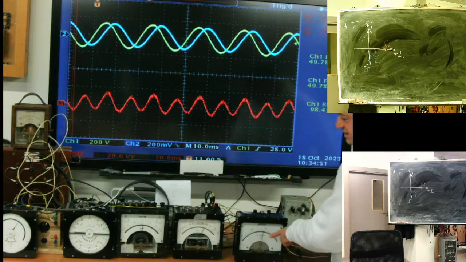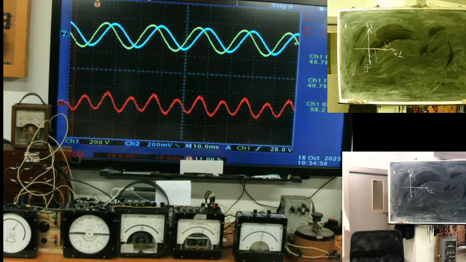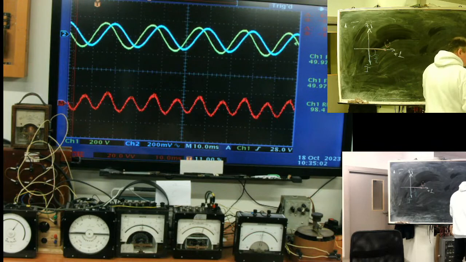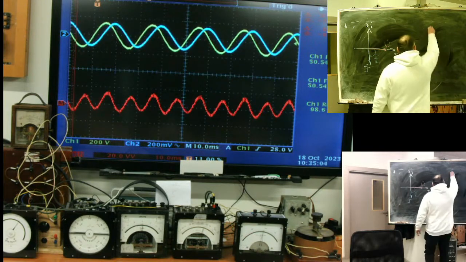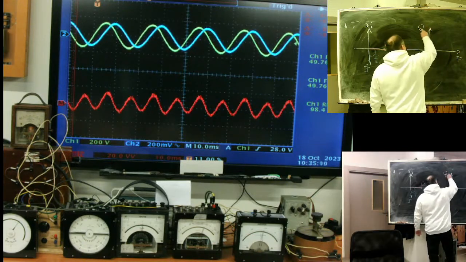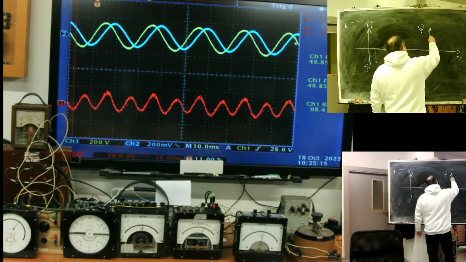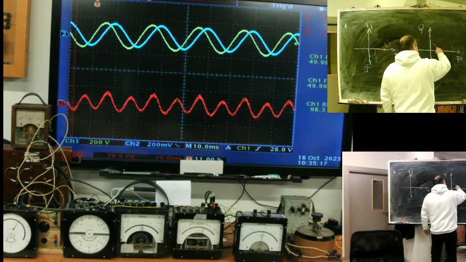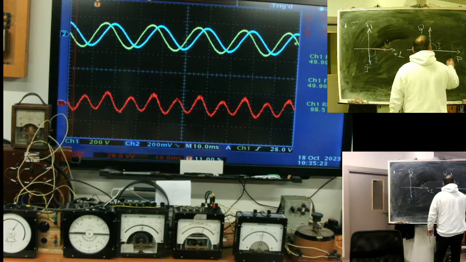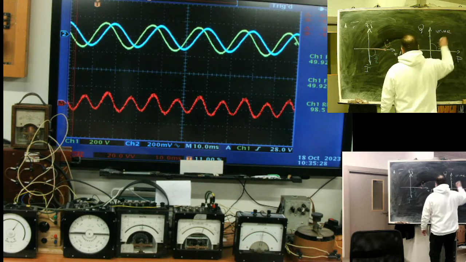Voltage the same, current the same, but power factor is 0 and active load, the amount of usable energy spent in the load, is 0. This is the situation. It's like this, a pure coil, 90 degrees. P is 0. In my case, 75 volt ampere.